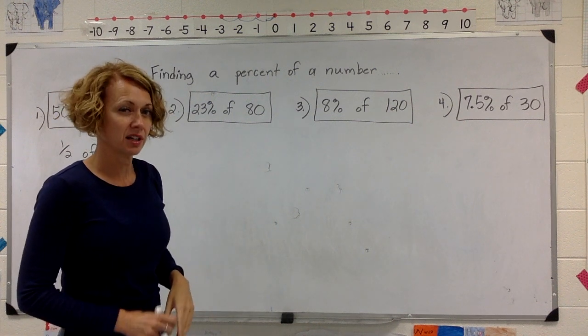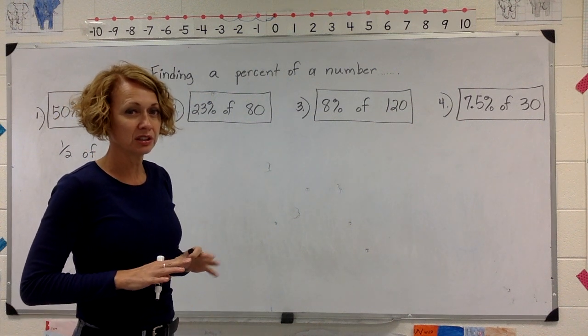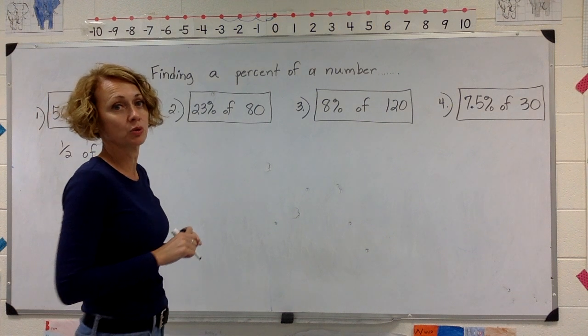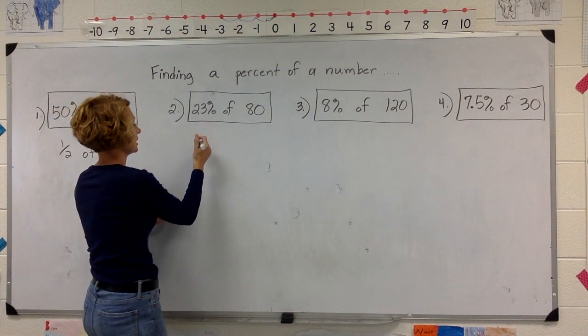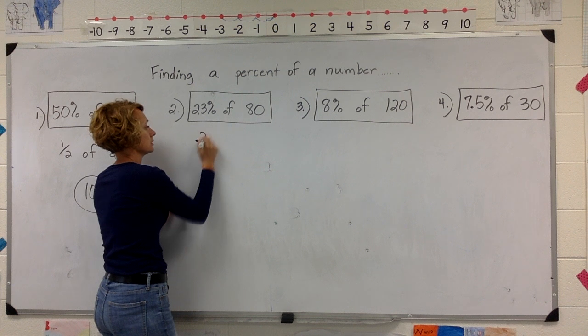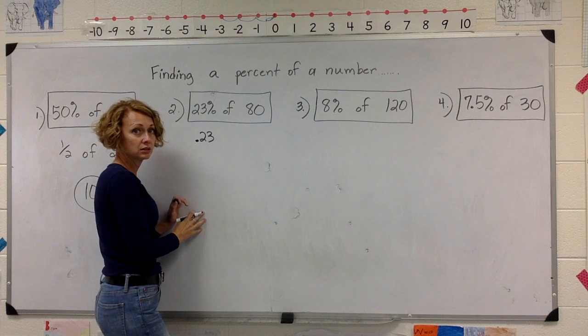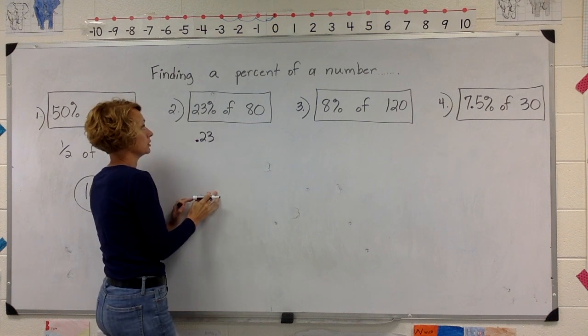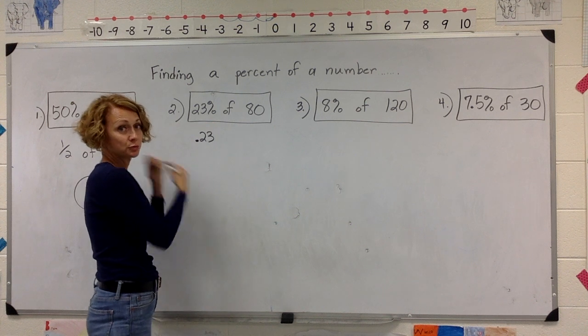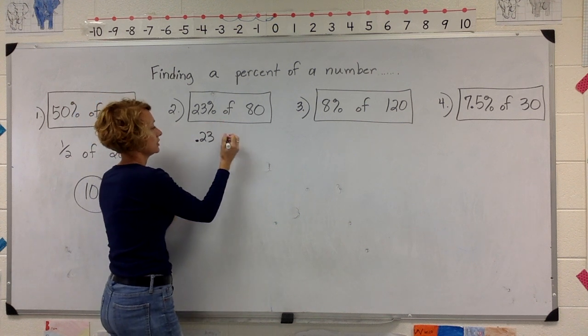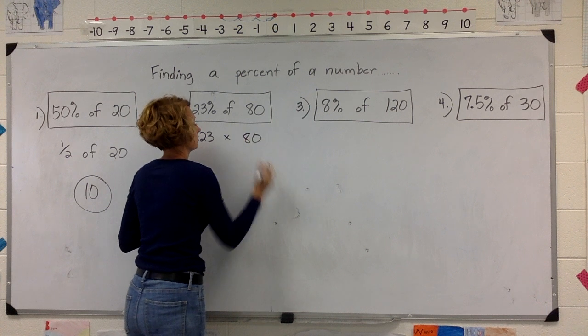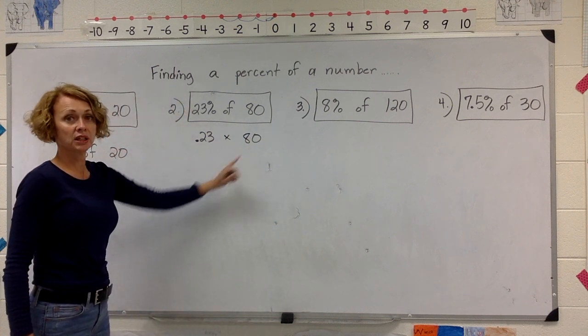I find most of the time, if it's a random percentage, it makes sense to change it to a decimal. So remember that 23% as a decimal is 0.23. You're really essentially dividing that by 100, or moving the decimal over 2 places to the left. And then you're multiplying that by 80.